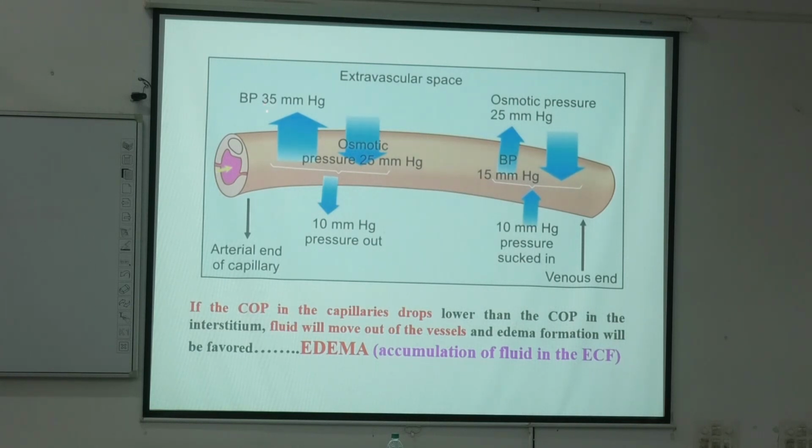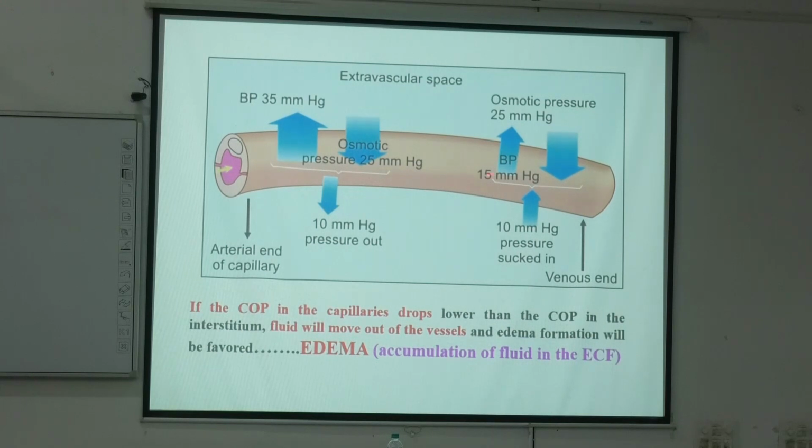Blood pressure is 35 here, and 25 here. So there is a difference: here it is high, 35 versus 25, the difference is 10. So fluid comes out from the blood vessel into the extravascular space, and at the venular end there is a negative pressure, which helps in sucking back the fluid which has come out from the circulation, and it is taken back into the system because albumin is present.